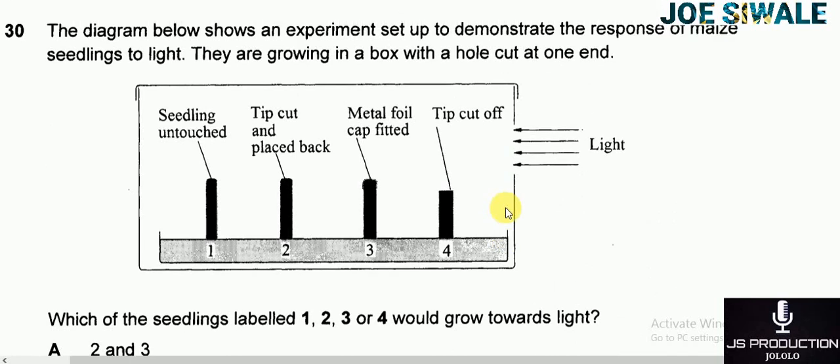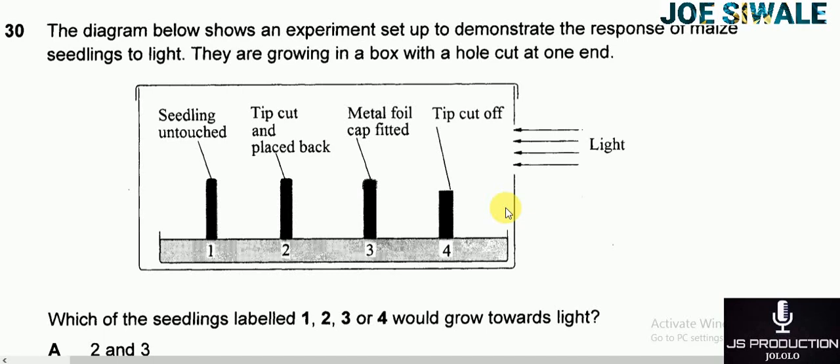Coming to question 30, the diagram below shows an experiment set up to demonstrate the response of maize seedlings to light. They are growing in a box with a hole cut at one end. So I have plant 1, plant 2, plant 3 and plant 4.